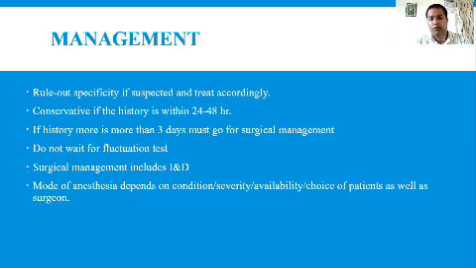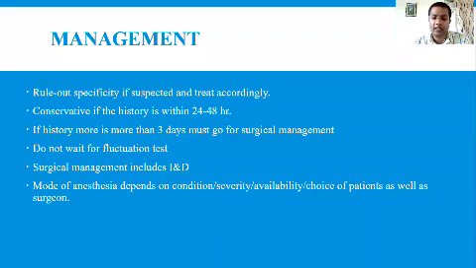But there are a few sites in our body where we should not wait for the fluctuation test. Those sites are, one, the breast, second, the pulp of the finger, and third, the anorectal area.